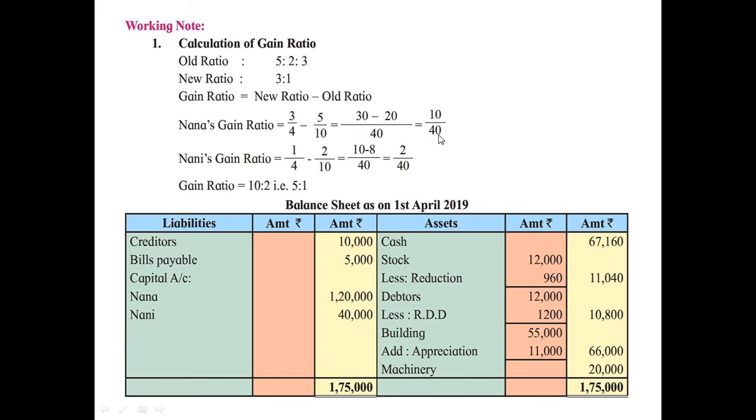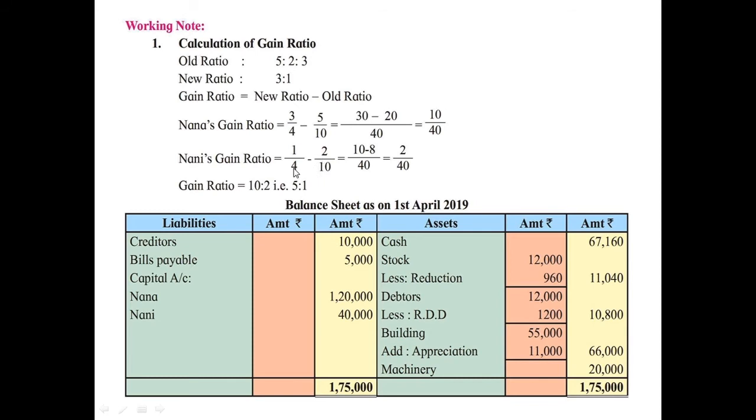In the same manner we have to calculate gain ratio for Nani. Her new ratio is 1/4, that is the total of these two. So 1/4 minus old ratio is 2/10, the total of these three numbers. Here also the denominator is not equal. So we have to make the denominator equal, then only we can do the subtraction.